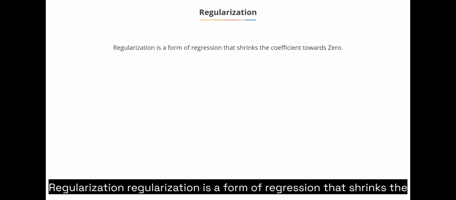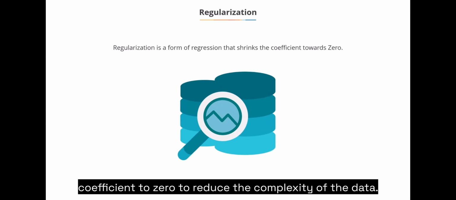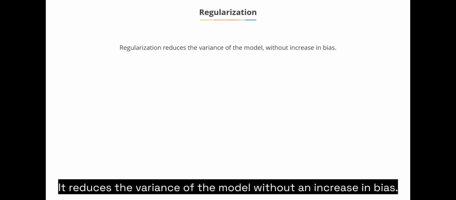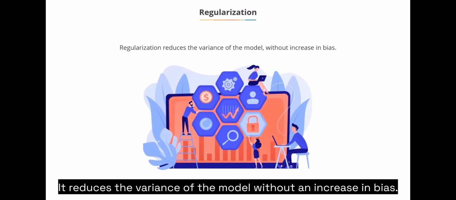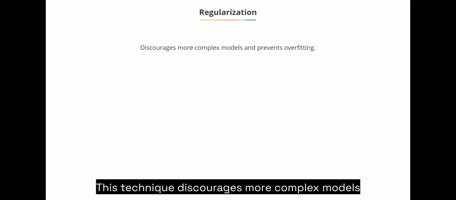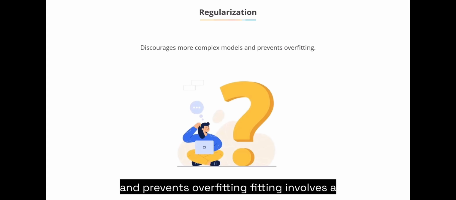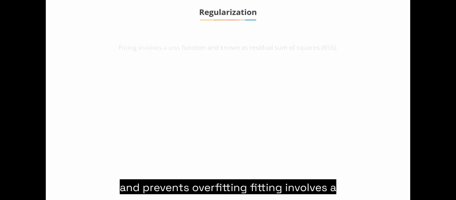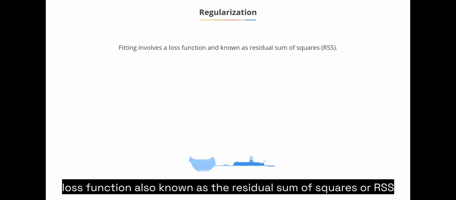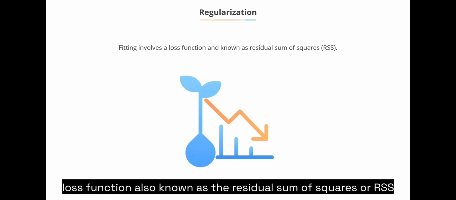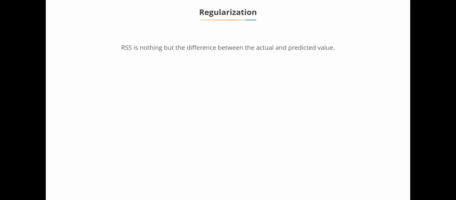Regularization. Regularization is a form of regression that shrinks the coefficients towards 0 to reduce the complexity of the data. It reduces the variance of the model without an increase in bias. This technique discourages more complex models and prevents overfitting. Fitting involves a loss function, also known as the residual sum of squares or RSS.